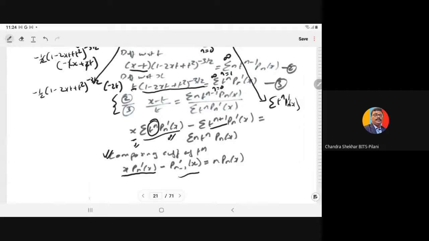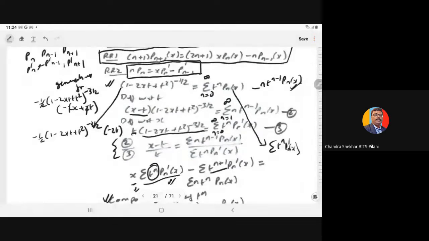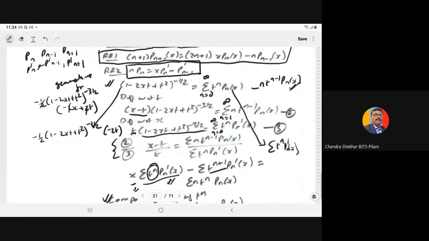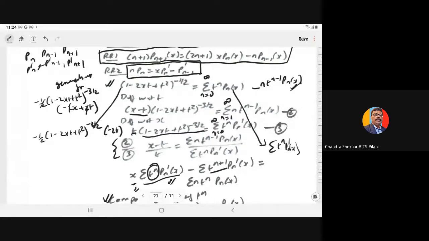So here we have minus P_n minus 1 dash, and on the right hand side the coefficient of t to the power n will be n into P_n. So in this case we have a recurrence relation between P_n minus 1 dash and P_n dash. That is another recurrence relation. In general we write it in this form: n P_n is equal to x P_n dash minus P_n minus 1 dash. In this we have taken P_n dash, P_n minus 1 dash, and P_n.